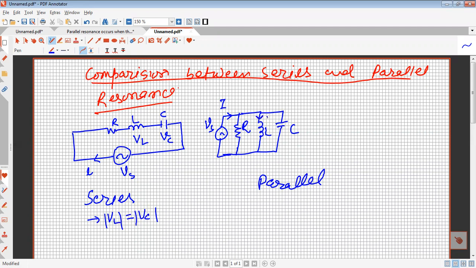Here the current in the inductor and the current in the capacitor, IL is equal to IC in magnitude and opposite in phase, so the net effect is also 0. The phasor sum VL plus VC will be equal to 0. It is a vector sum, not an algebraic sum. And here the phasor sum IL plus IC will also be equal to 0. So this is one difference.